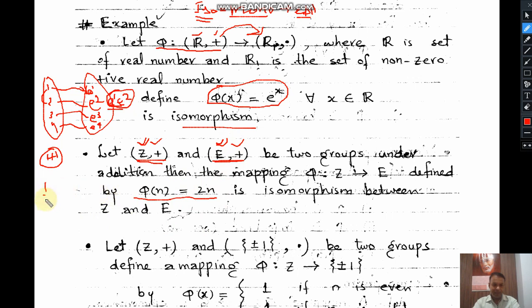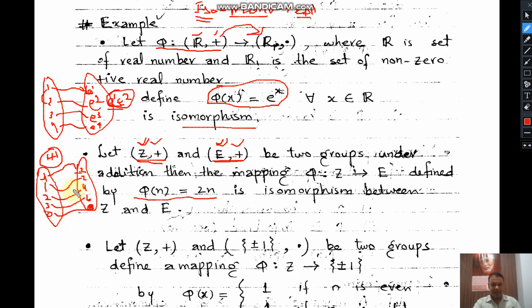Let us suppose I have 1, 2, 3, 4, minus 1 and 0 as a few elements in this group, and in the second group we always find even numbers: minus 2, 2, 4, 6, 8 and so on, and 0. Here minus 2 is twice minus 1, 2 is twice 1, 4 is twice 2, 6 is twice 3, and 0 is twice 0.